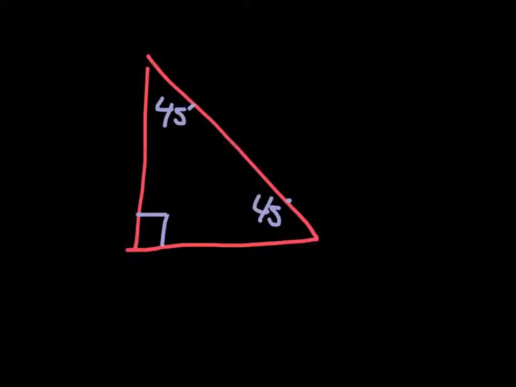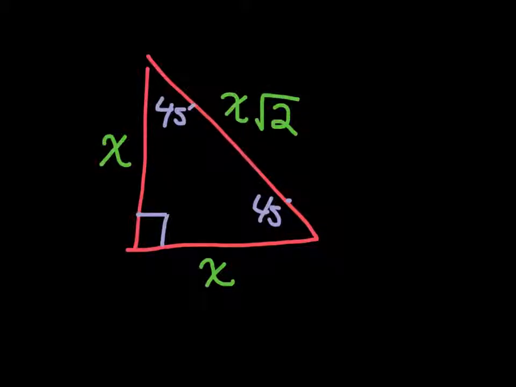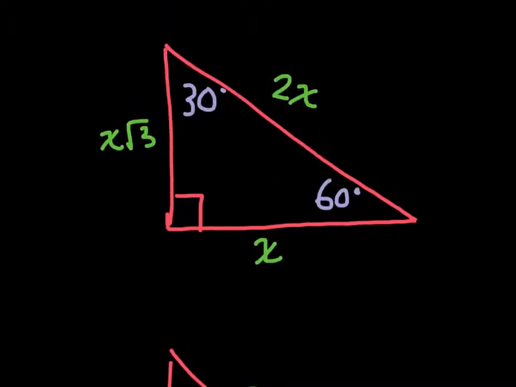The 45, 90 line will have a length of x. Therefore, the other 45, 90 line will have a value of x. And if those two are true, then the hypotenuse of the triangle will have a side length of x root 2. So, now let's do a couple of problems using these two triangles.